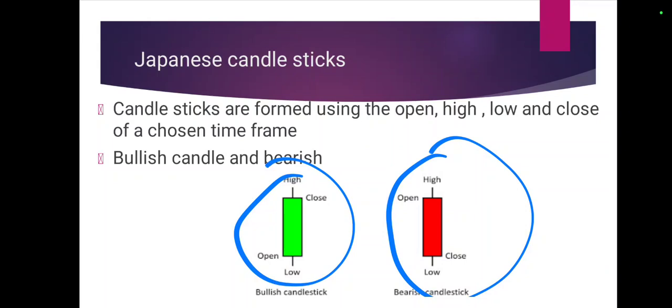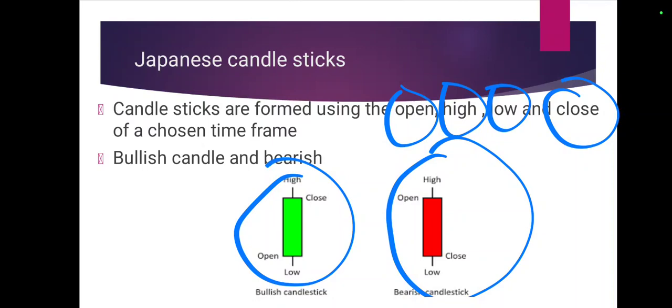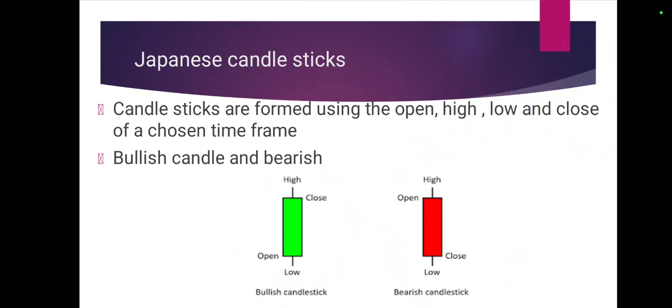So what is the difference between these 2 candlesticks? We said a candlestick is formed using the open, the high, the low, and the close. What differentiates the bearish and the bullish candlesticks?